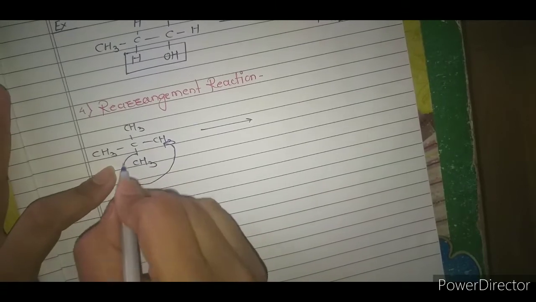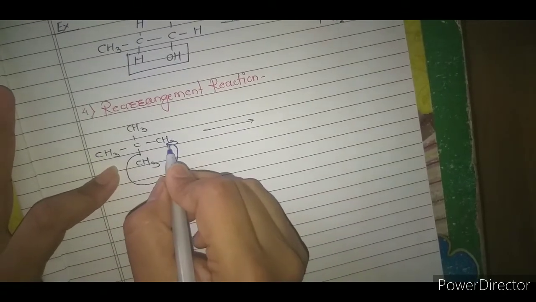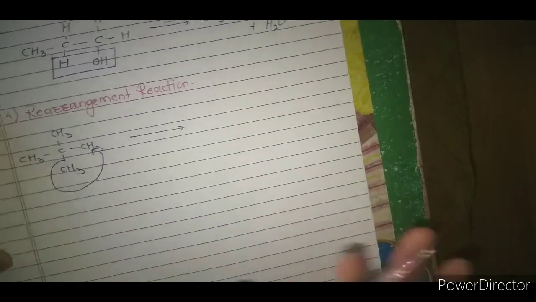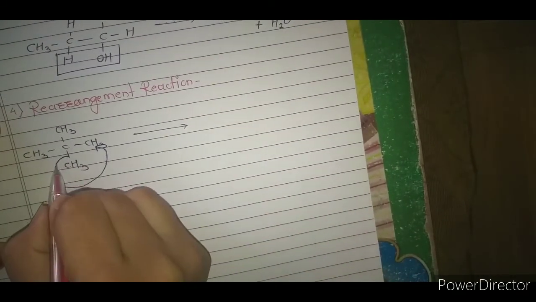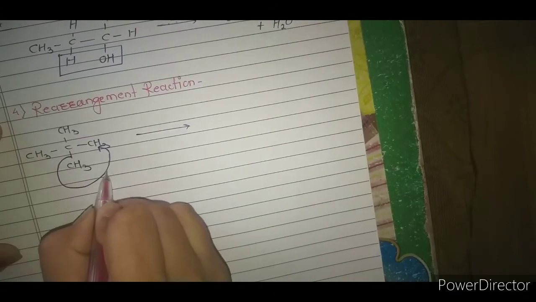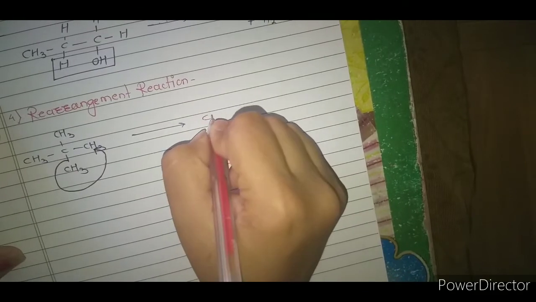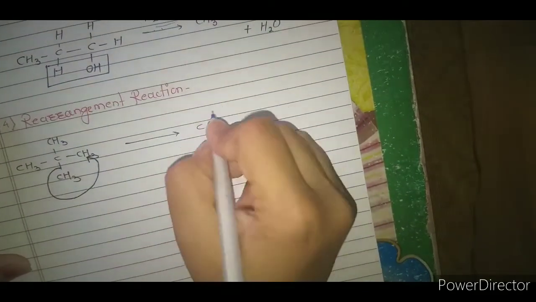In this case, this methyl group is shifted towards the second carbon, also called 1,2 shifting. So this group shifts towards this carbon and forms this compound.